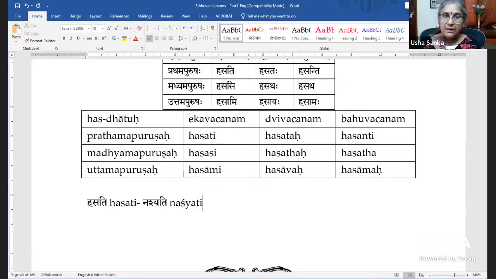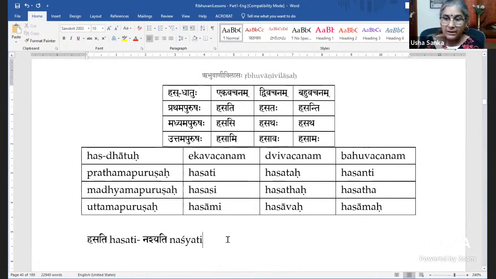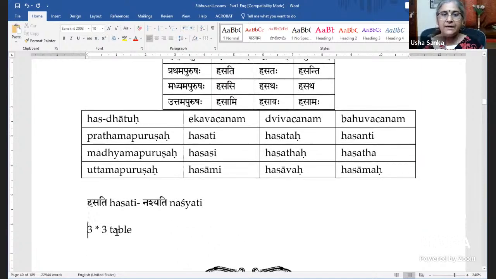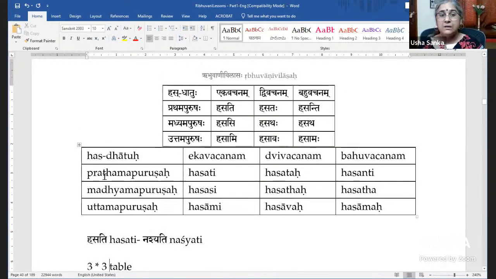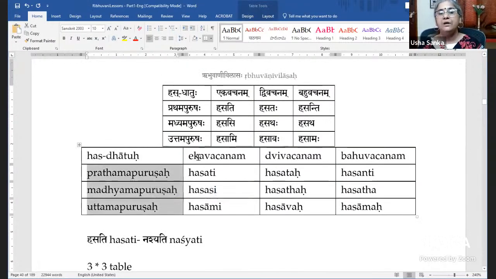This table we call it a 3 into 3 table. Into means multiplied. So 3 into 3 is 9. We won't call it a 9 table, but we call it 3 into 3 because we have the purushas on the left, and we have the vachanam. Purushas are the persons, vachanam is the number. So we have these things with us.